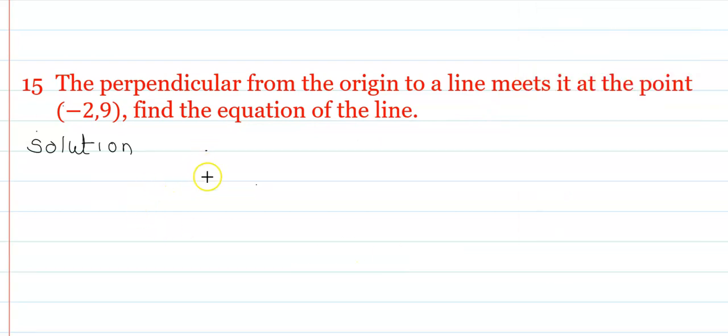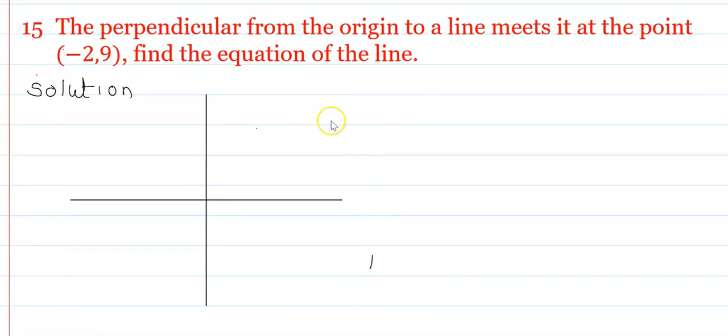Now the coordinate geometry. Okay. Here the x-axis, y-axis. Now what you say, the perpendicular from the origin to a line meets at the point minus 2 and 9. Means what?